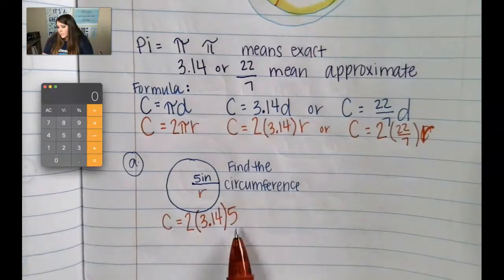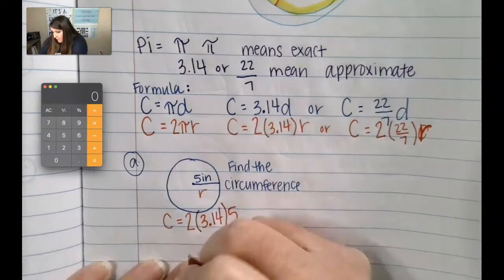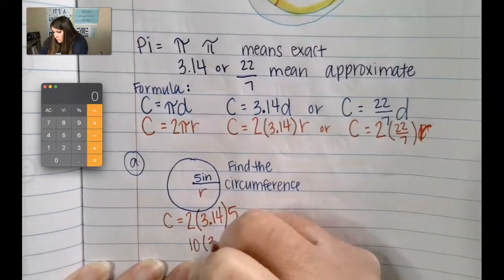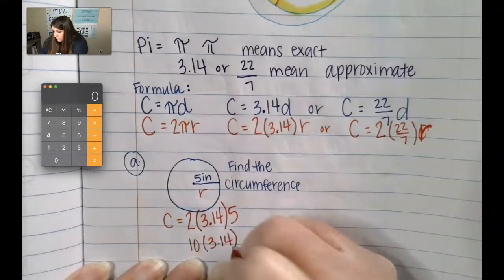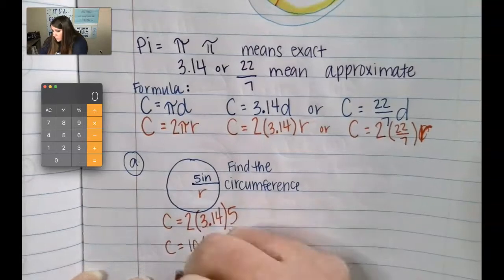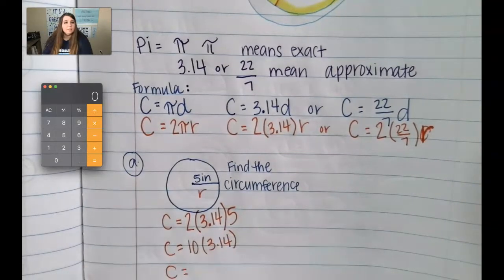We know that 2 times 5 is 10, right? So we could do 10 times 3.14 to get our final answer. Or if you wanted to, you could just do 2 times 3.14 enter times 5.